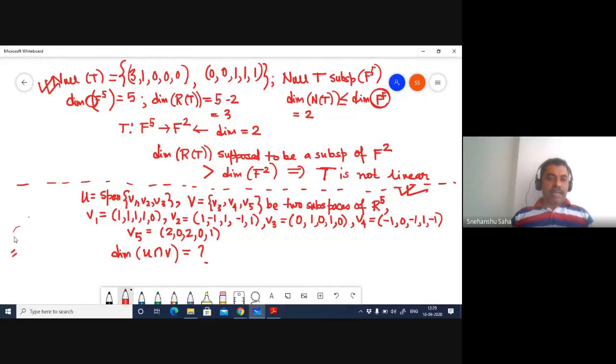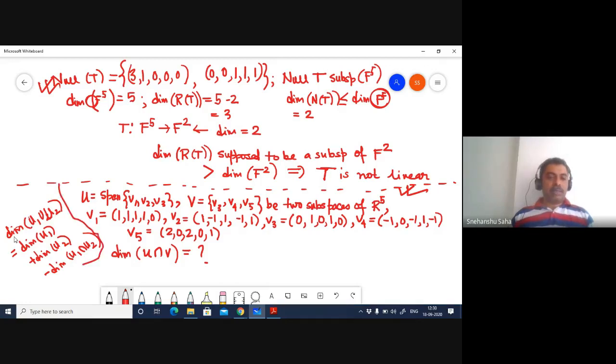So we have shown in class that for two finite dimensional vector spaces U1 and U2, the dimension of U1 union U2 is the dimension of U1 plus the dimension of U2 minus the dimension of U1 intersection U2.